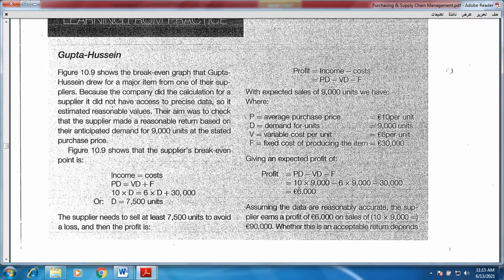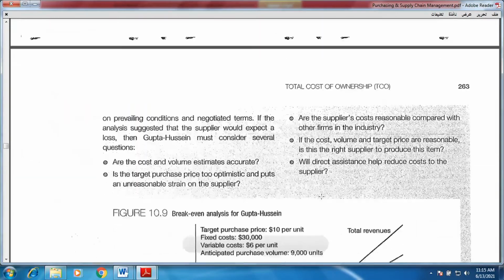So when you deduct the $30,000 from these numbers, you have $6,000 as profit. So the 9,000 is not the break-even, it's higher than this, because when we are making profit, it's higher than the break-even. When you are making a loss, you are not reaching the break-even.